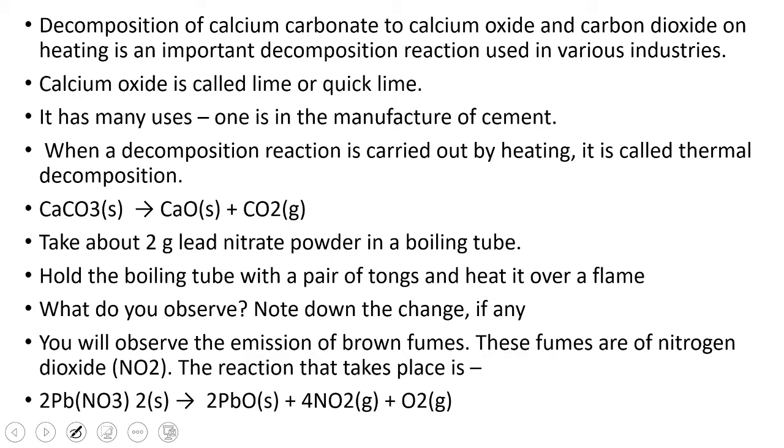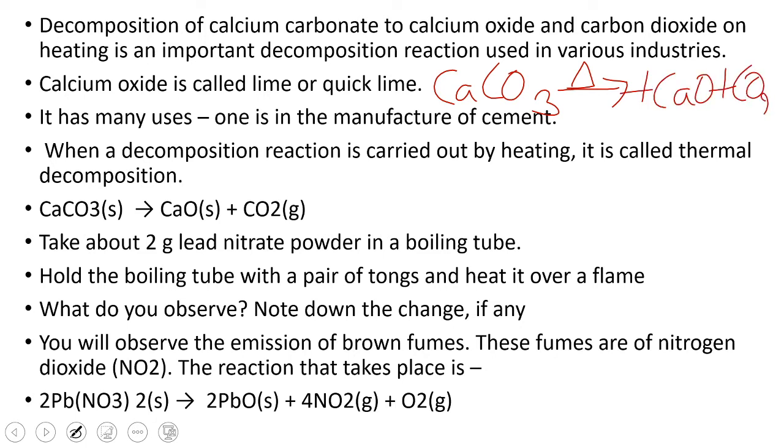Let's discuss some more examples. The decomposition of calcium carbonate to calcium oxide and carbon dioxide on heating is an important decomposition reaction used in various industries. Here I am writing the reaction: CaCO3 on heating gives CaO, calcium oxide, plus carbon dioxide gas is liberated.